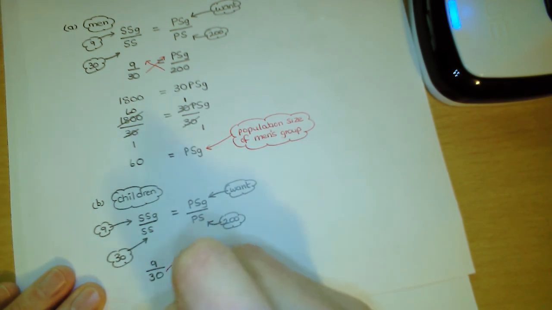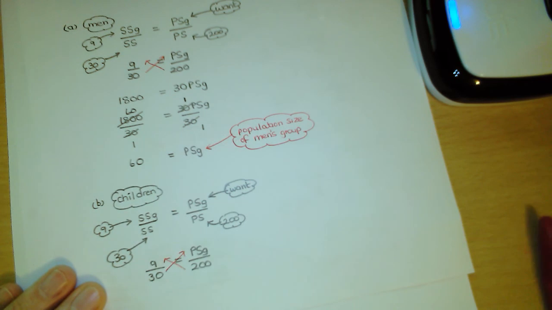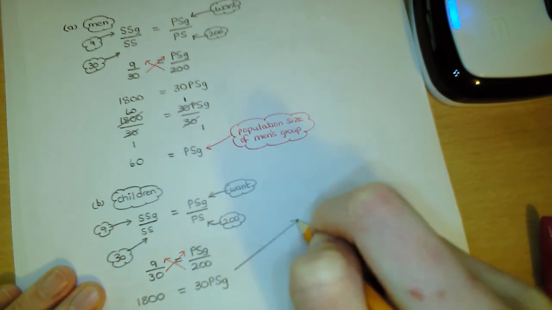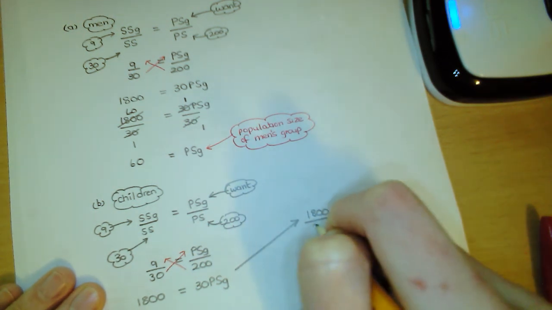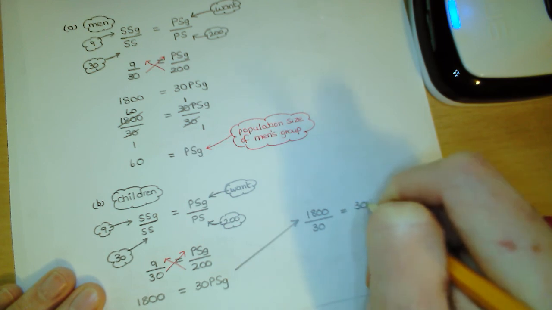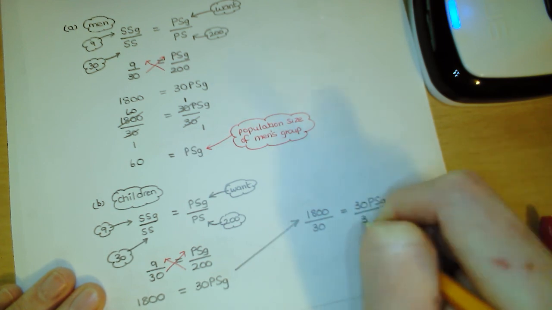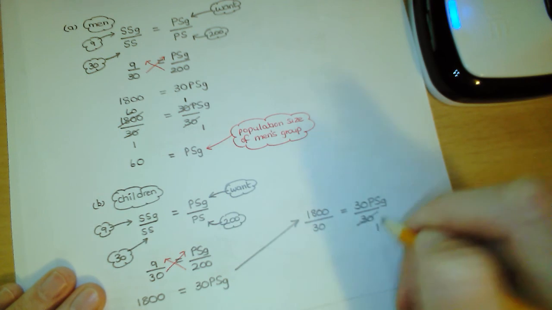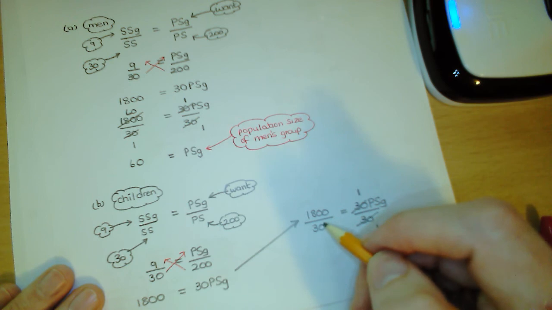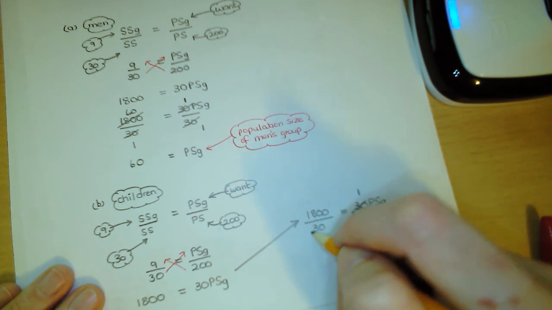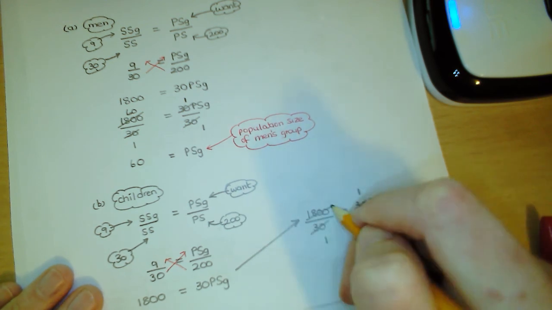Cross multiply. So we're going to have 1,800, and that's equal to 30 PSG. And then divide both sides by the coefficient of PSG. So we've got 1800 over 30, and that's equal to 30 PSG over 30. 30's cancel on the right, and again 1800 divided by 30 is going to give us 60.